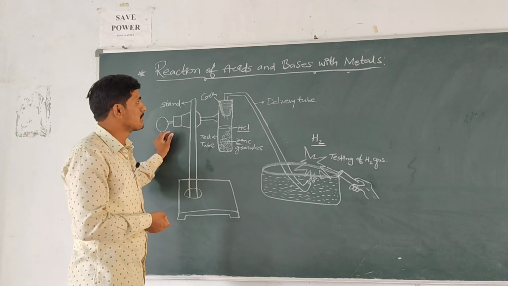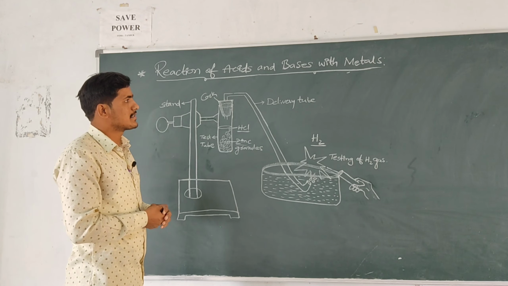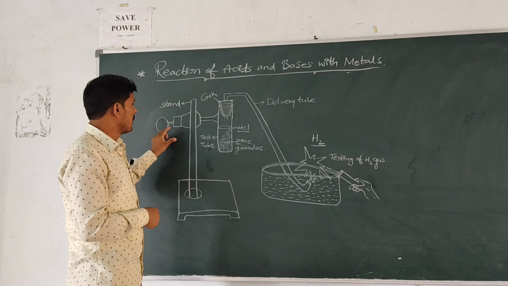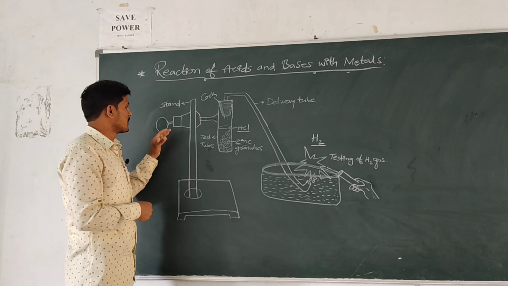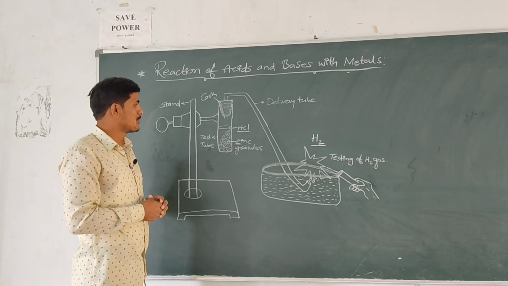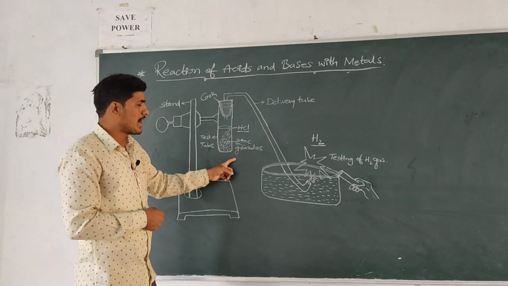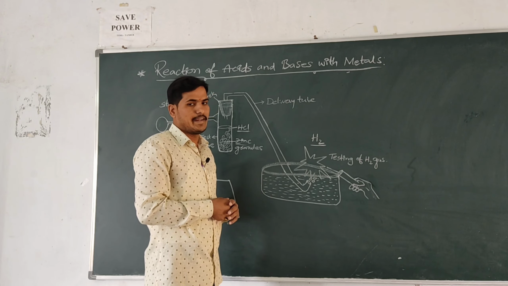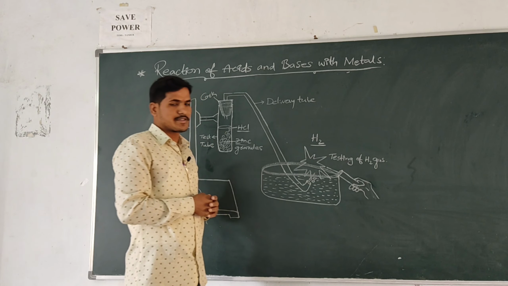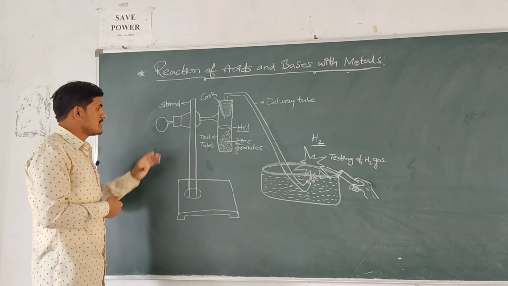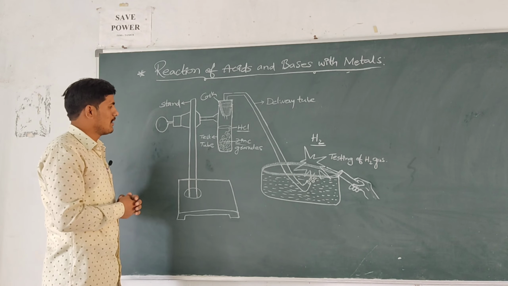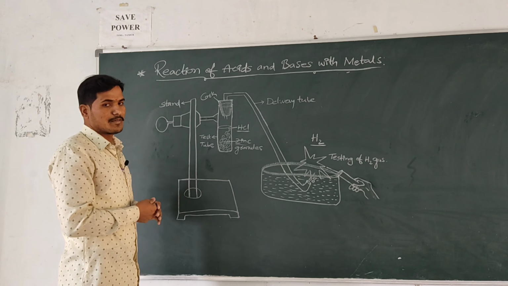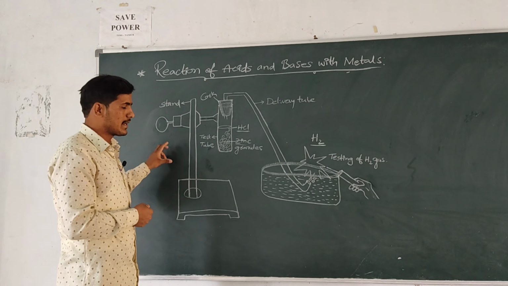Take the required materials: a stand, a test tube and rubber cork, zinc granules, hydrochloric acid, a long delivery tube, a soap water tray, and lastly a matchstick. Arrange the materials we have taken for this experiment as shown in figure 1, the diagram.